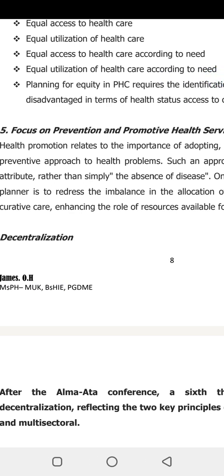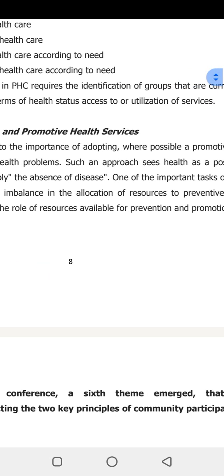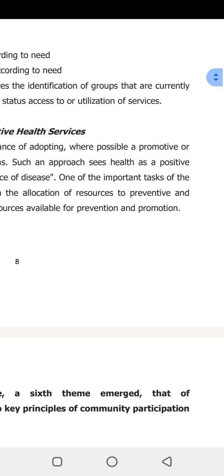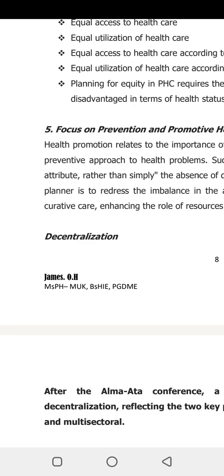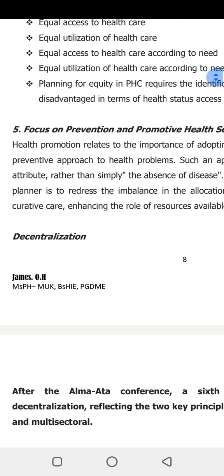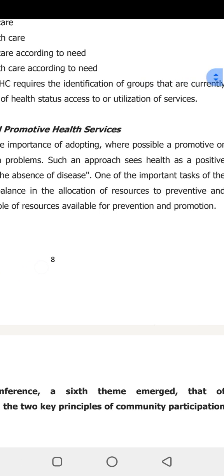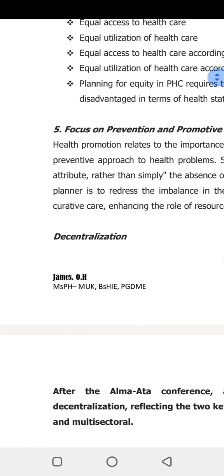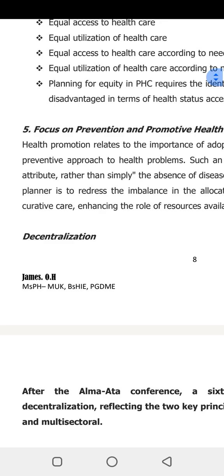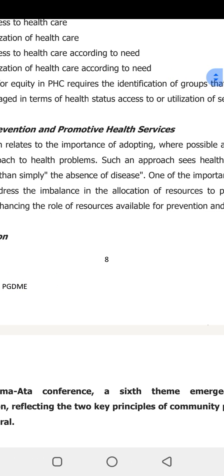Health promotion relates to the importance of adopting, where possible, a promotive or preventive approach to health problems. Such an approach sees health as a positive attribute, other than simply the absence of disease.